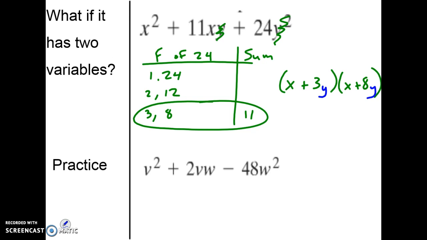So that'd be an example of how you would factor a trinomial that had two different variables in it. Use that same process using either the table method or the diamond method for the practice problem down here below. If you could show me that practice problem as well before you move on, that would be great.